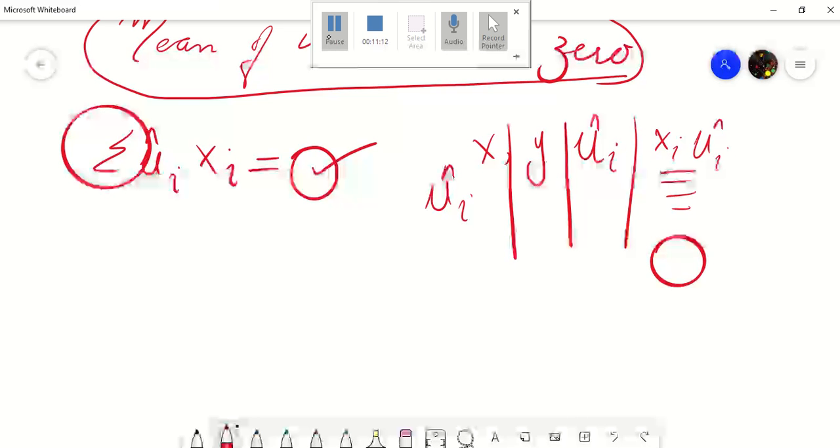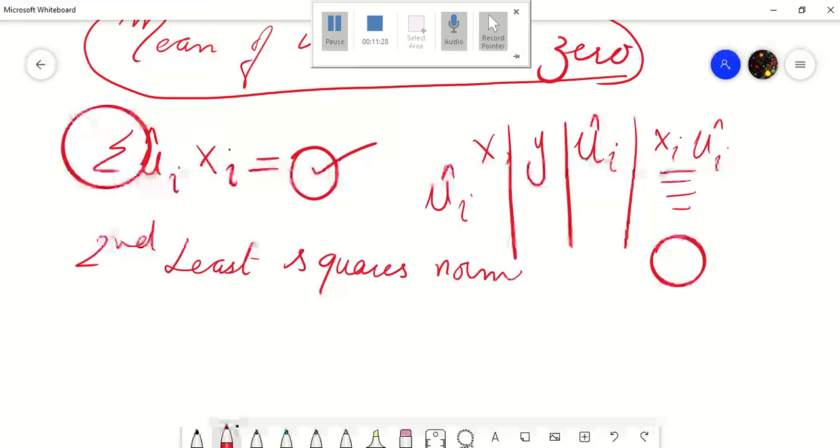This proof is from the second least squares normal equation.